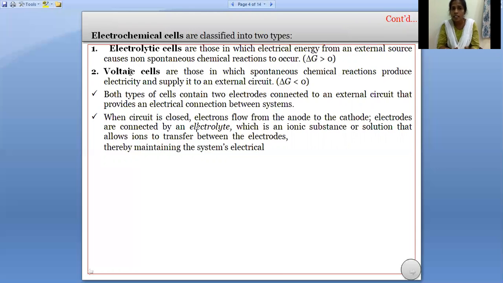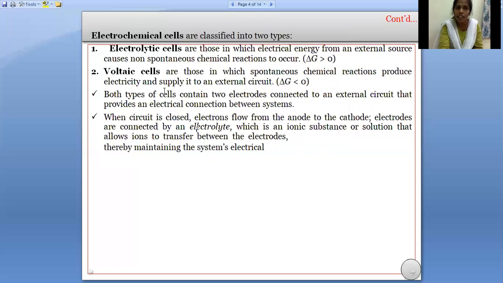So electrolytic cells are an artificial process, not a natural process. Here, artificially, we are supplying electricity, and only by supplying electricity do the chemical reactions take place. So that is the electrolytic cell.